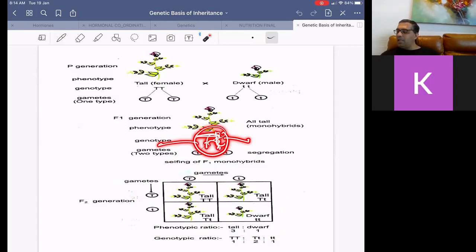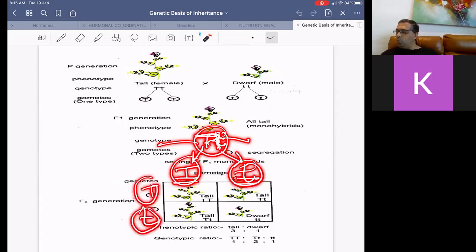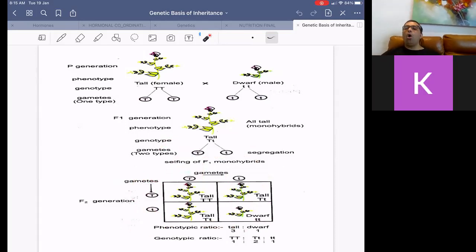And when capital T, small t separated, they formed gametes, and gametes were pure either for tallness or for dwarfness. And जब small t gametes fuse हुए तो उससे बना dwarf plant. It clearly proves law of segregation and purity of gametes.